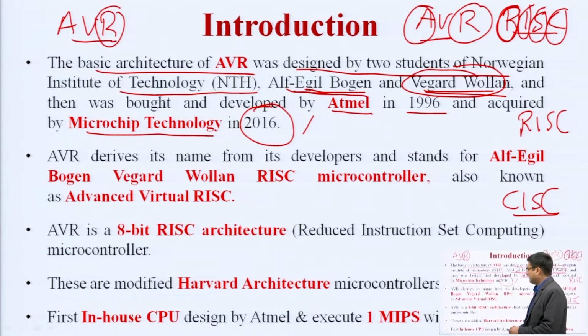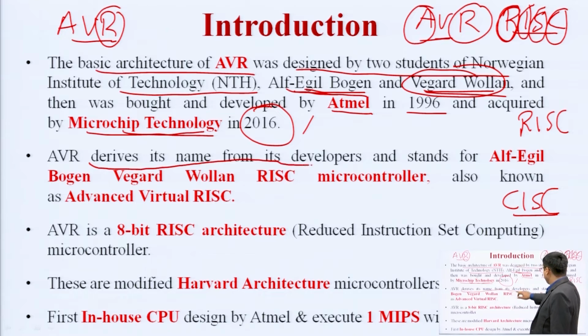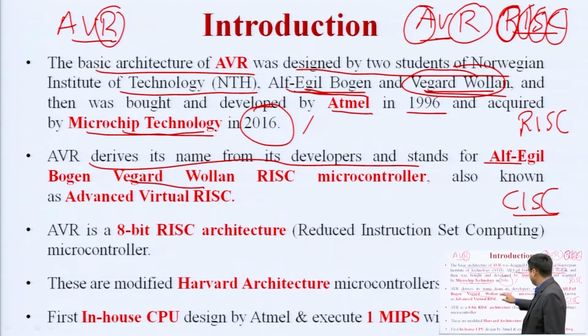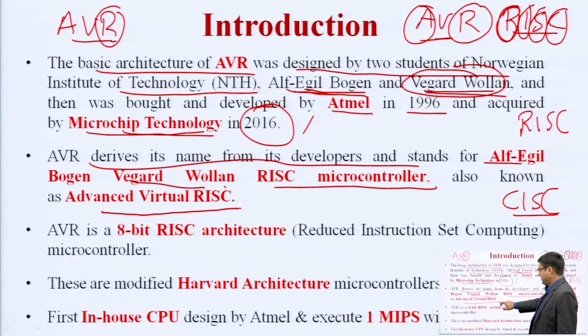After that, the manufacturing of AVR has been by Microchip since 2016. So, AVR derives its name, we have already discussed that AV stands for Alf Egil-Bogen and Vegard Wollan. So, it is a RISC microcontroller, also known as advanced virtual RISC. So, basically it is an 8-bit RISC architecture.